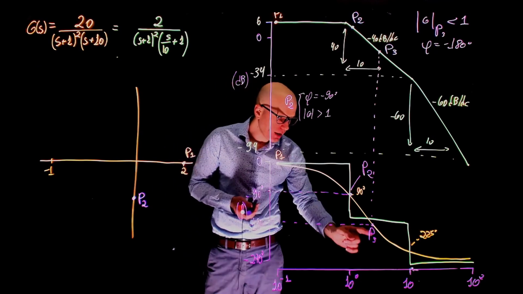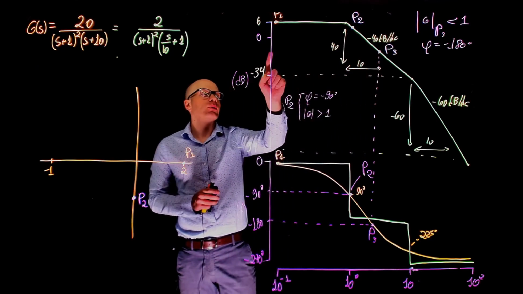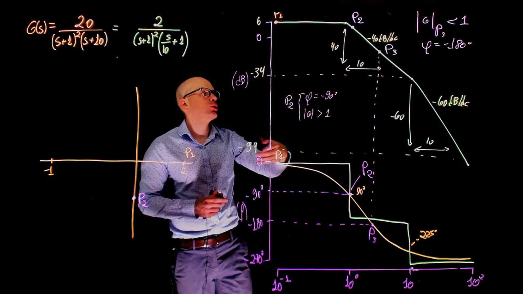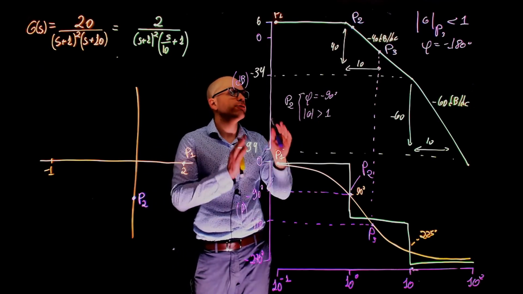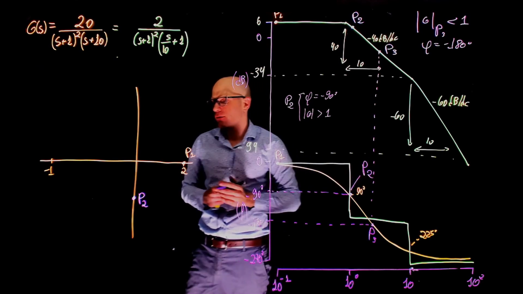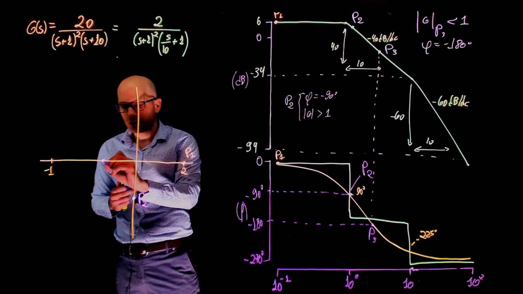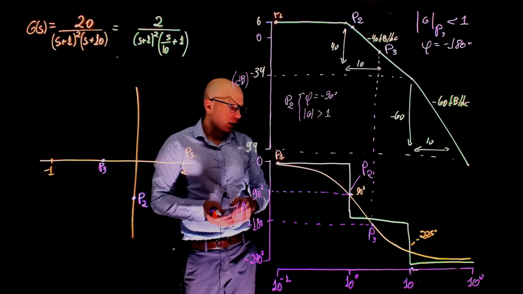So, by looking at P3 at negative 180 degrees, we see a negative value in decibels, and therefore we can conclude that the magnitude of G is smaller than 1. This is very, very important because now we know that we are to the right of negative 1. We should be around here, P3. And now let's keep going.